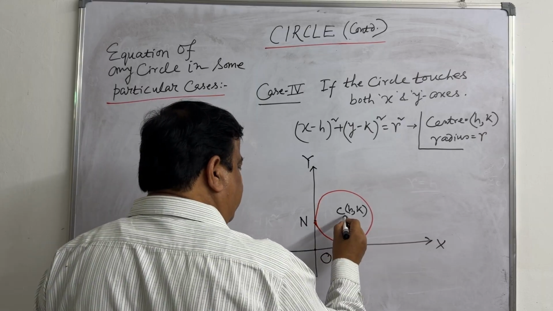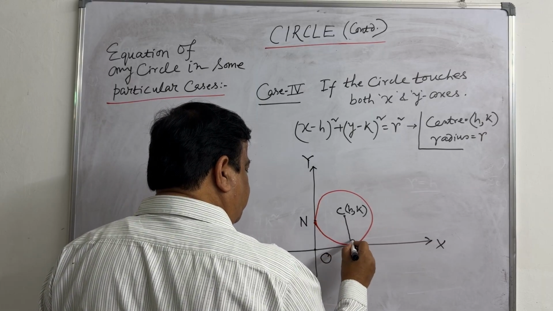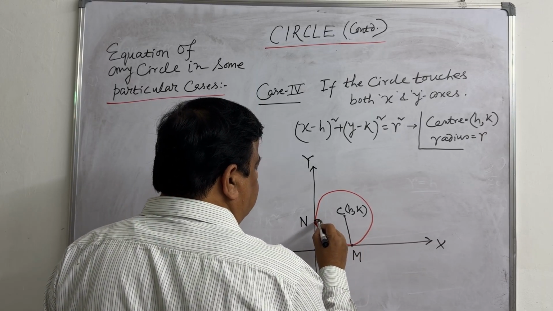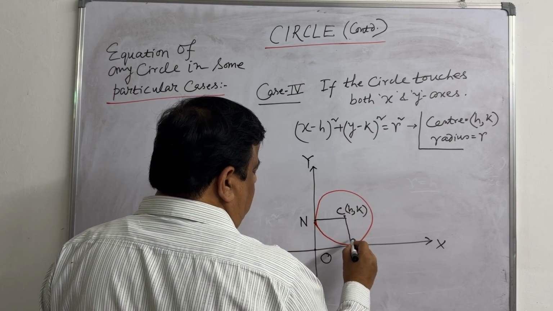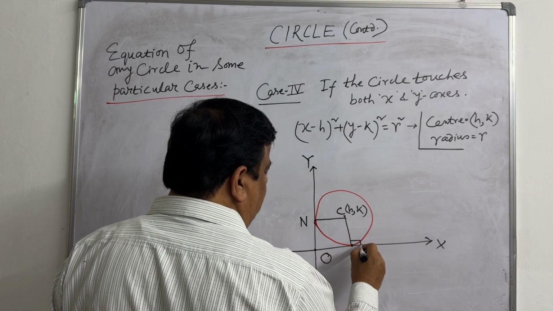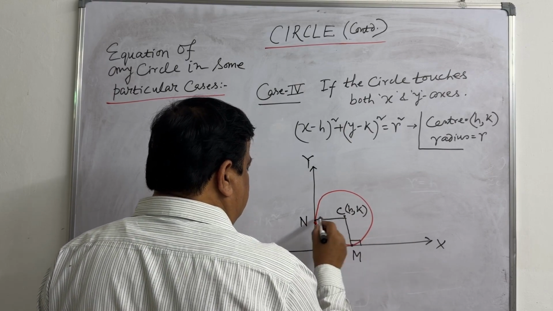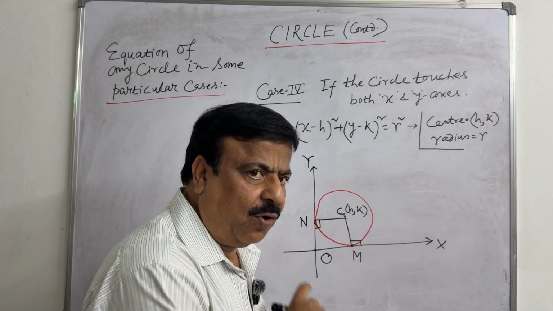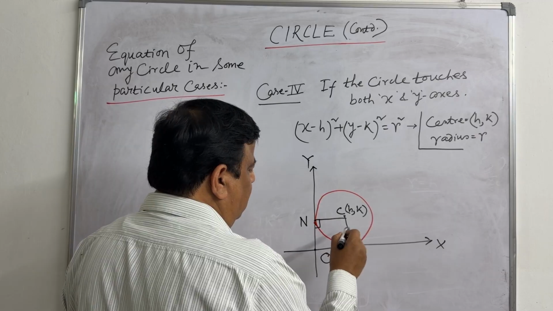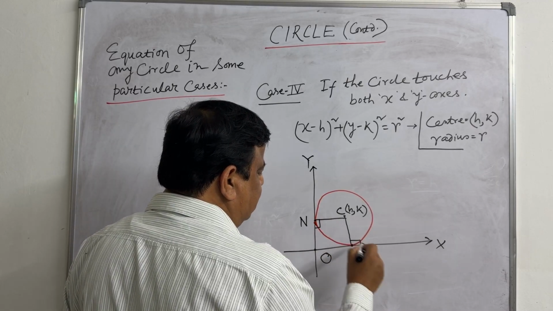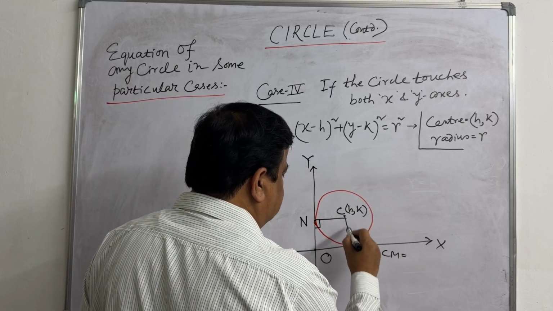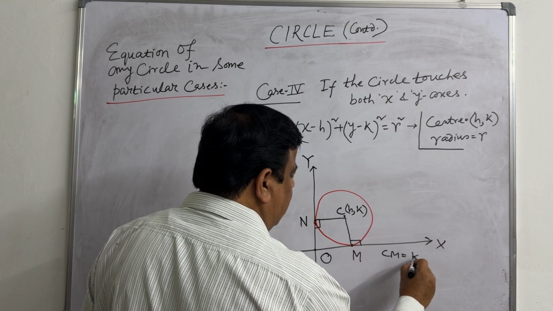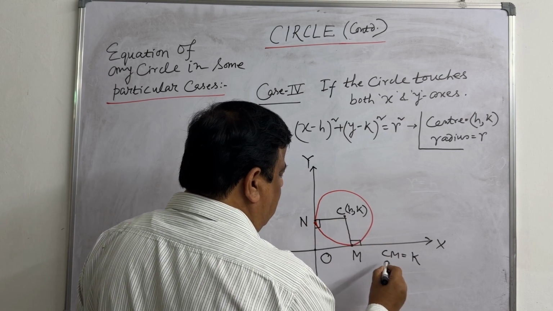If you join C to M and C to N, CM is perpendicular to the x-axis and CN is perpendicular to the y-axis. You know from geometry. And what is CM? That is k, the ordinate of the center.